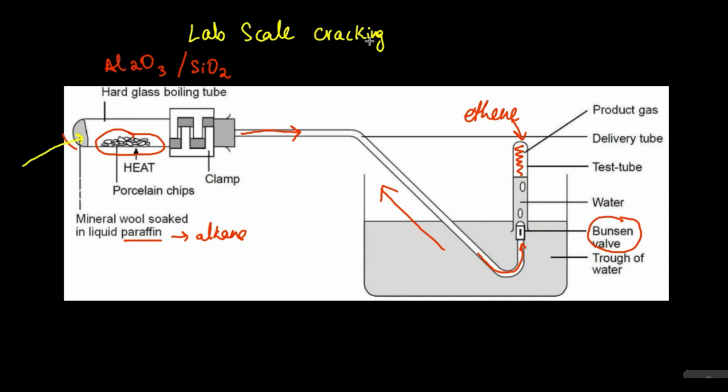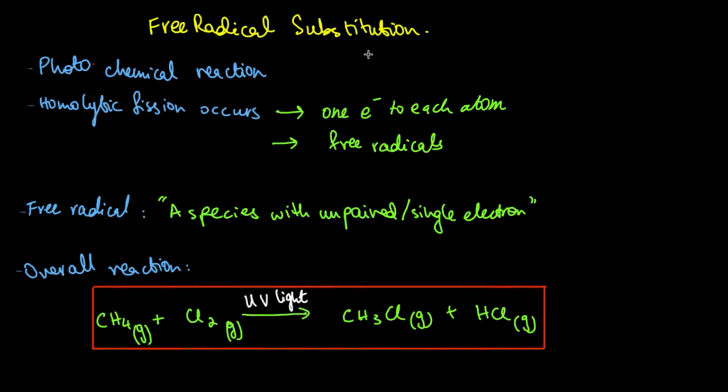Now, moving on to free radical substitution. There are some points to remember about free radical substitution before we move on to the actual reaction mechanism. Free radical substitution is a photochemical reaction. That means that it requires light to take place, and more specifically it requires UV light, ultraviolet light.